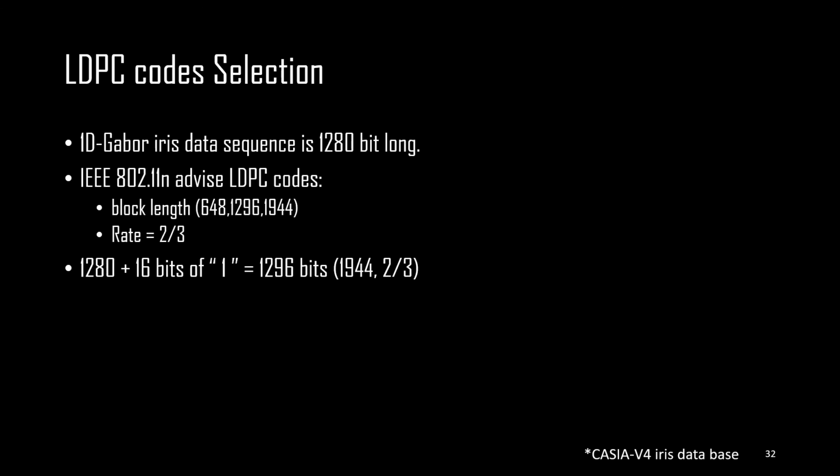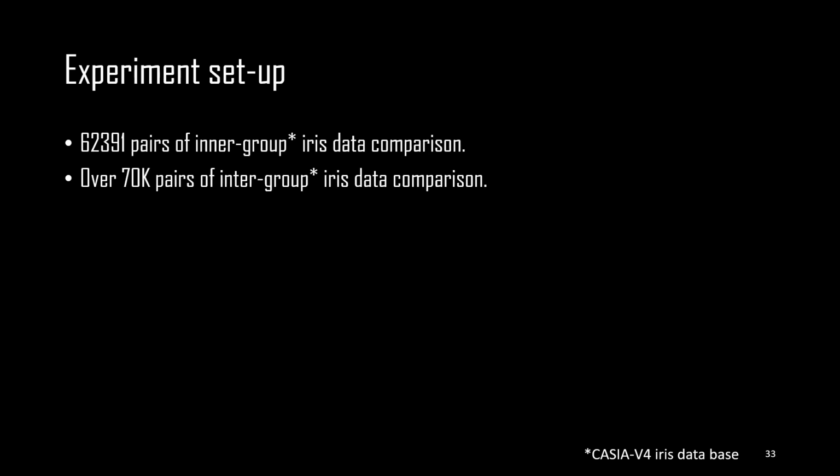We can fill the whole block by attaching 16 bits of 1 to the iris data. In all our experiments, we use 62K pairs of intergroups and over 70K pairs of intergroups.